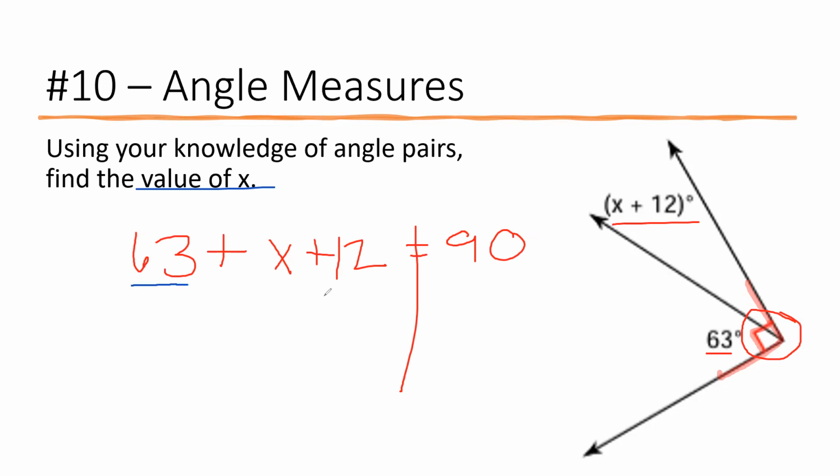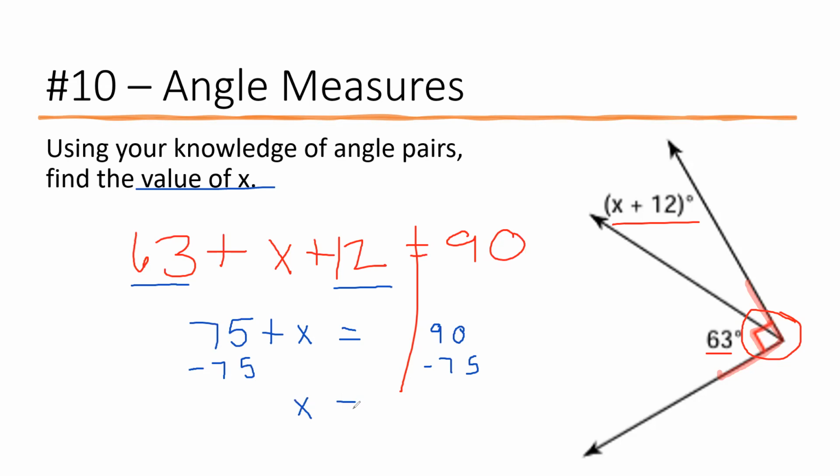Do we need to simplify at all? Yes, we do. We have a 63 and a 12 on the same side of the equation. We can simplify by adding, combining our like terms. 63 plus 12 is 75. Bring down everything else, so plus x equals 90. All right, now let's get x by itself. How can we get rid of that 75? Do the opposite, subtract it from both sides.